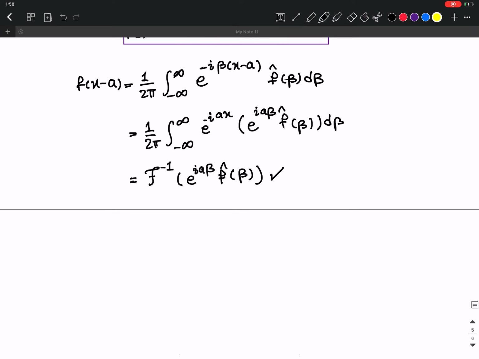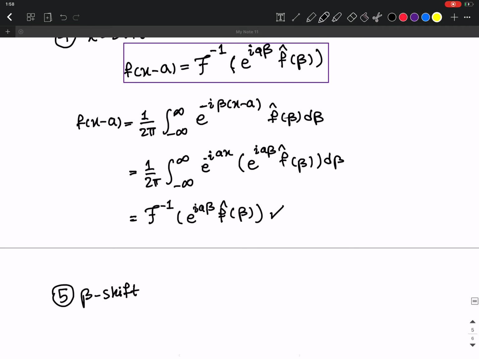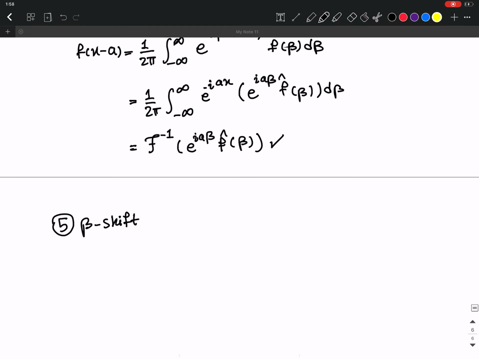And the last property that I want to note is beta shift. So let's see what is gonna happen if you have a shift in your argument in the beta space, or in the Fourier space, frequency space. So if you have that, you are gonna get the inverse Fourier transform of f hat beta minus b, I would say, instead.